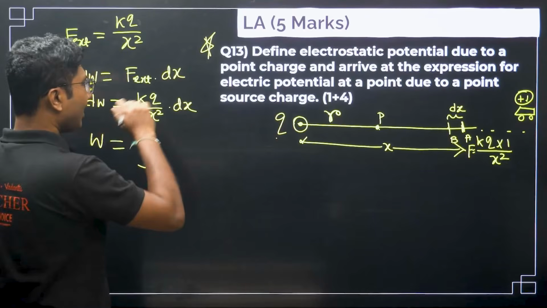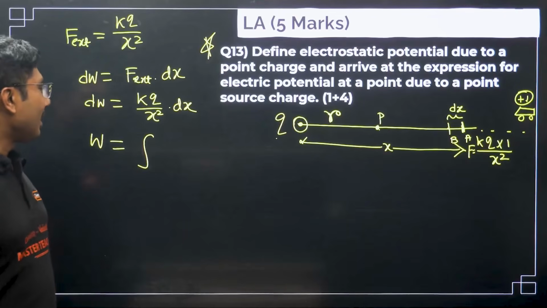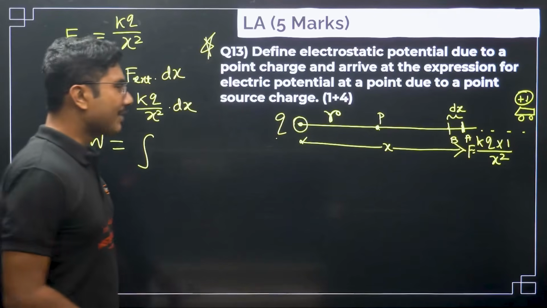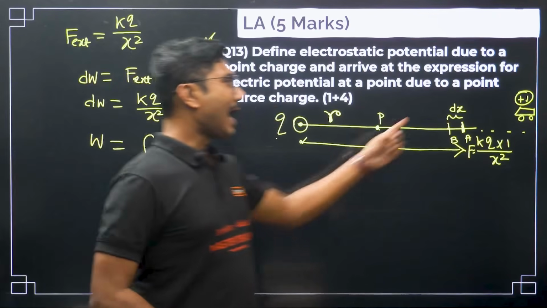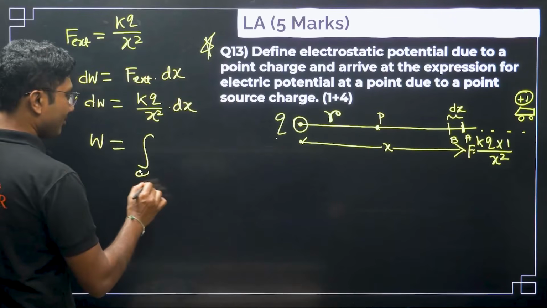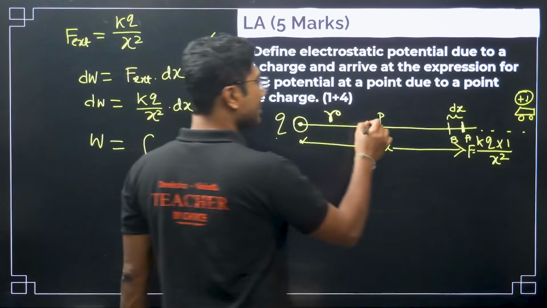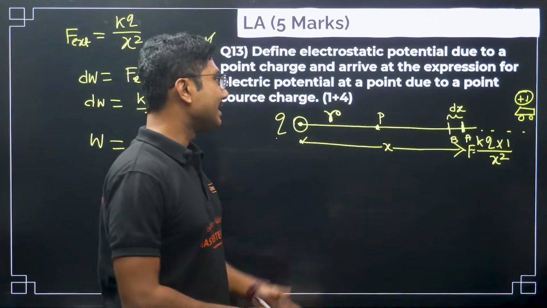Right? Now, kq by x square dx. Let's understand this. What is our starting point? We started very far away, at infinity. So the starting point is our lower limit and we are ending at this point P. What is the distance of P?